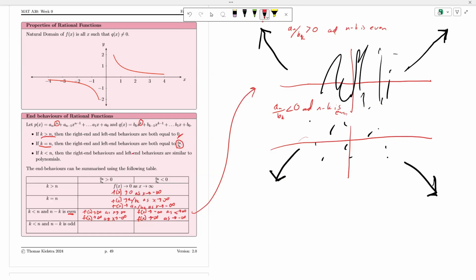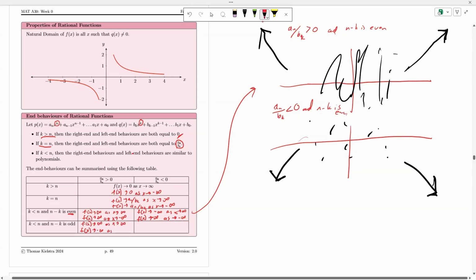Now, if n minus k is odd, then our left end behavior will be the opposite of the right end behavior. So if dividing the leading terms gives a positive number, we have f of x approaching infinity, or the right end behavior is positive infinity as x approaches infinity. But because the difference is odd, the left end behavior will be the opposite of the right end behavior.